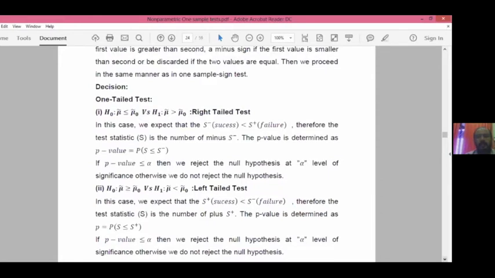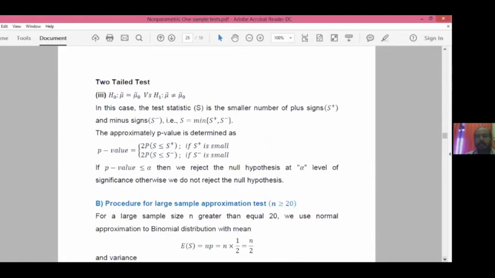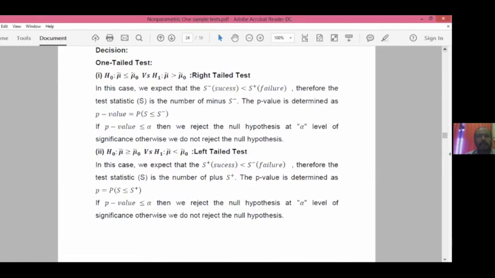Otherwise, we do not reject the null hypothesis. Similarly, for the left tail test, we check that S plus is less than S minus. Therefore, the test statistic is the number of plus signs. The p-value is determined similarly, and if the p-value is less than or equal to alpha, then we reject the null hypothesis. Otherwise, we do not reject it.